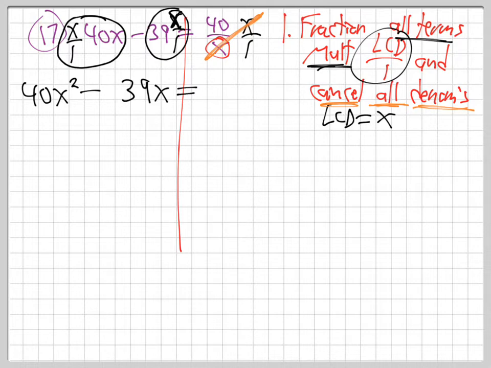And what are we left with on the right side? Just the 40, because the x's have canceled. That was the purpose. He's a hitman. He took out the denominators, didn't he? Much nicer now. No more fractions. That's what you do anytime a fraction rears its ugly head. You take it off with the LCD over 1. You get them out of there.